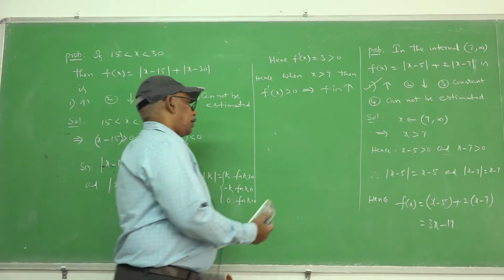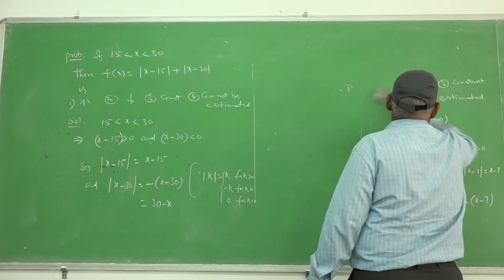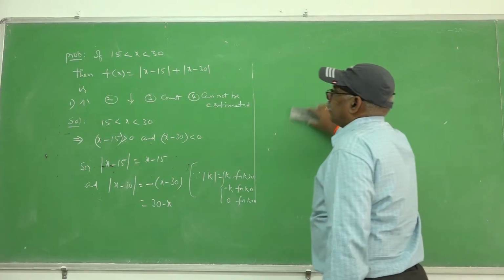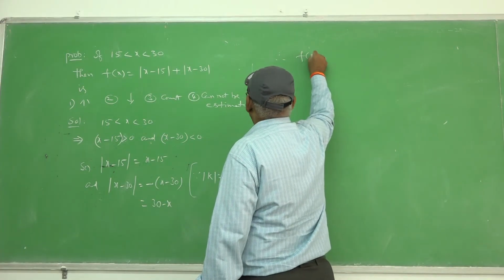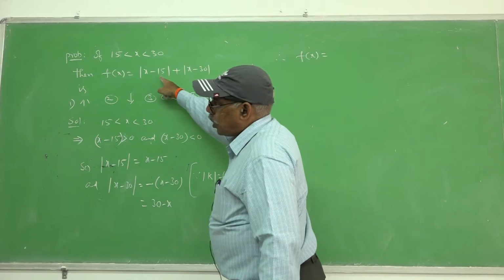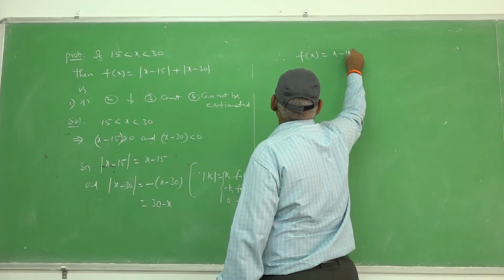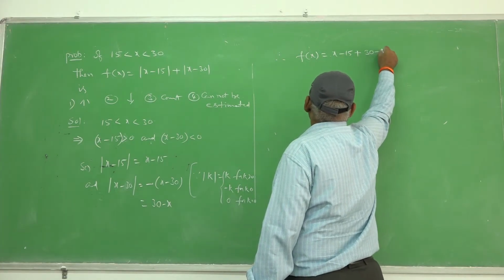Therefore, f of x is mod x minus 15, which is x minus 15 itself, plus 30 minus x.